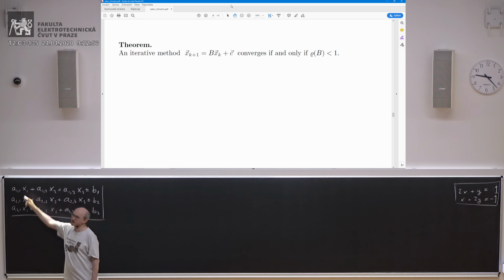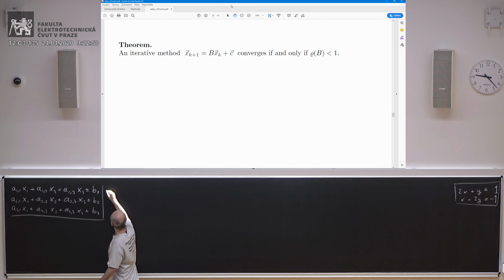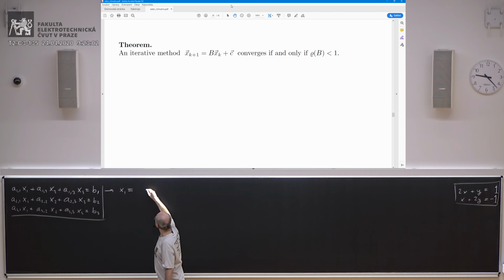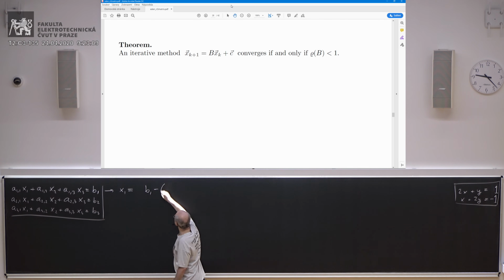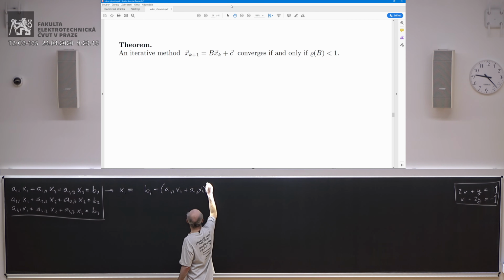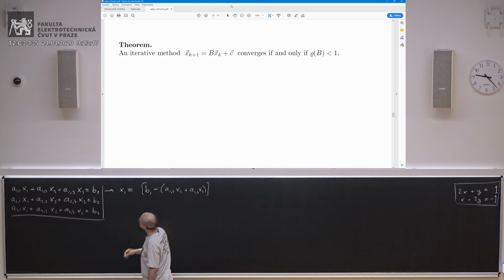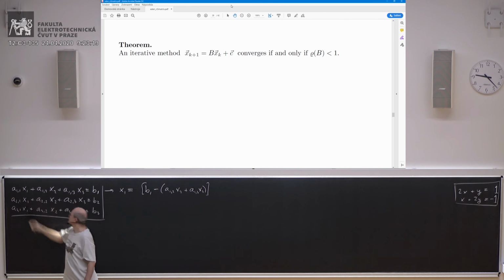Well, for instance, x1, there is no reason to play favorites. So from the first equation, x1 is, well, we start with b1, and then we subtract all the terms which we don't want to see on the left. So it's a12 x2 plus a13 x3. And then to get x1, we have to divide by a11.